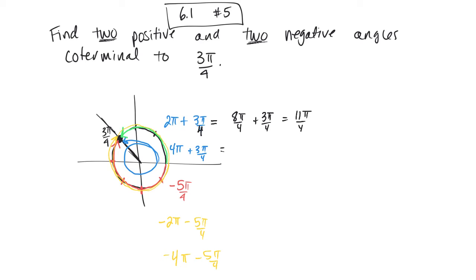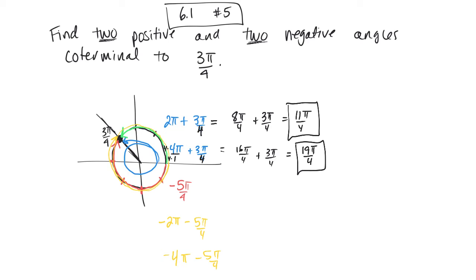Or I could go around this circle once, 2 pi, a second time 4 pi. We're in fourths, so I'm going to write that in terms of fourths, just get a common denominator. So 16 pi over 4 plus 3 pi over 4. That would be 19 pi over 4. So there's my 2 positives.